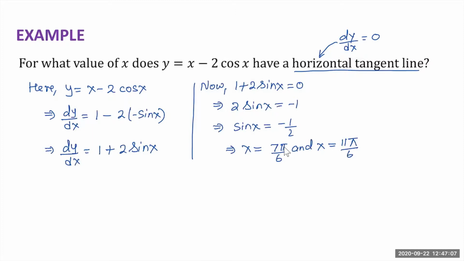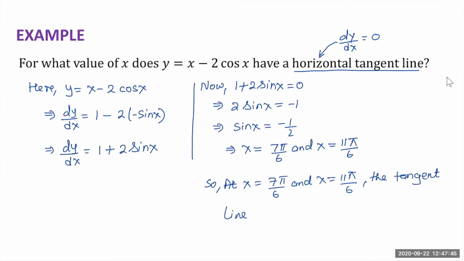So at x equal to 7 pi over 6 and 11 pi over 6, sine x is negative 1/2. That means at x equal to 7 pi over 6 and 11 pi over 6, the tangent line is horizontal. So let's write down the final answer: at x equal to 7 pi over 6 and x equal to 11 pi over 6, the tangent line is horizontal.